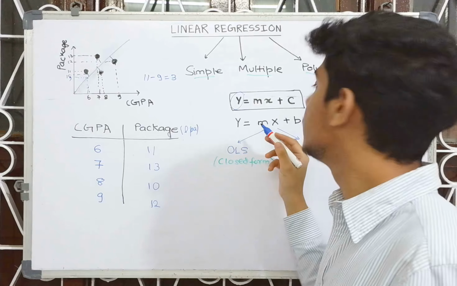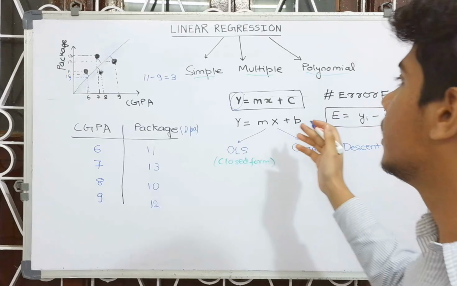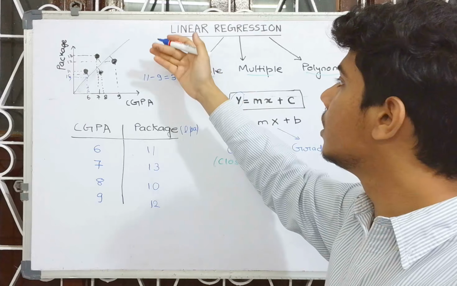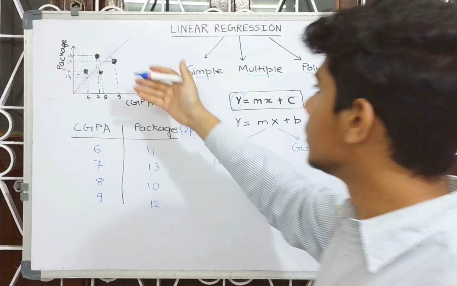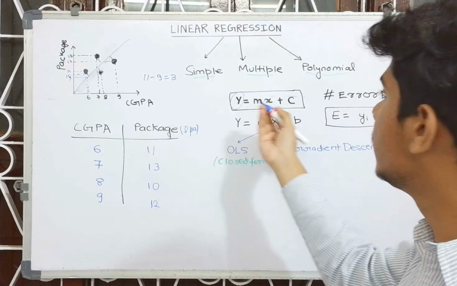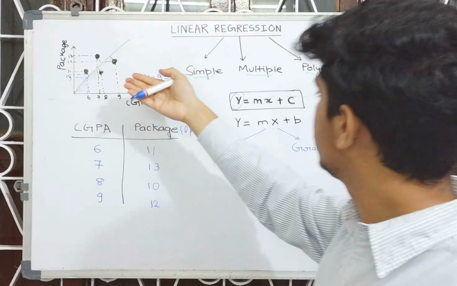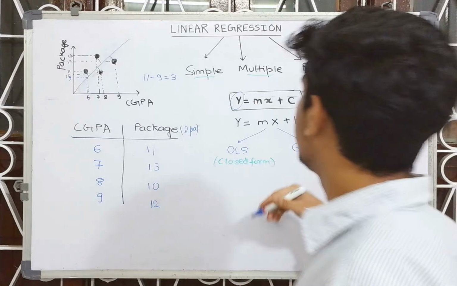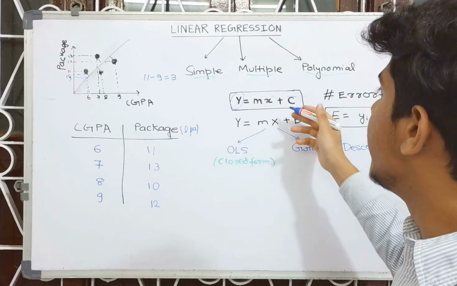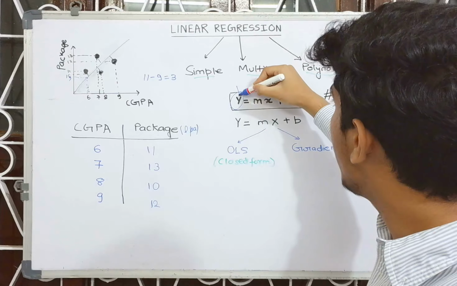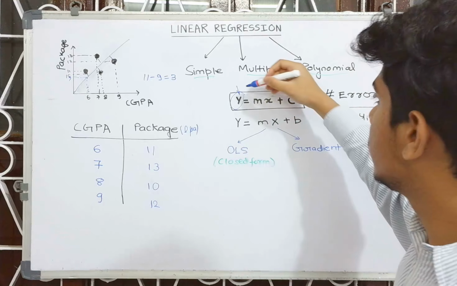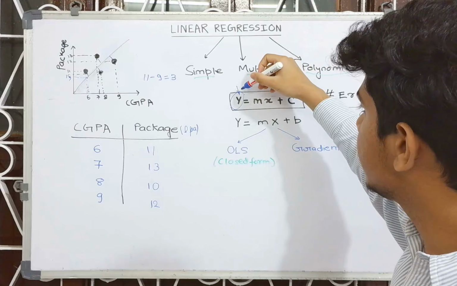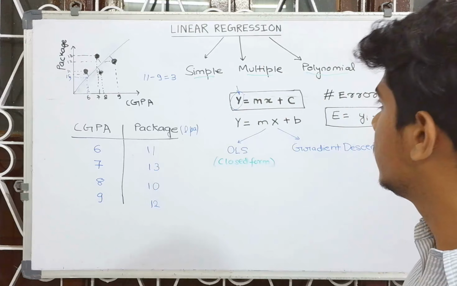C defines, assume that a student has got 0 CGPA, but still he will get some package. So this defines that package. And y is the prediction we will make.